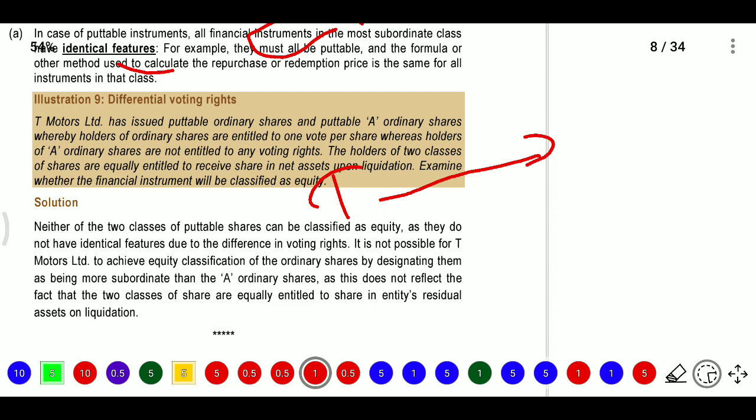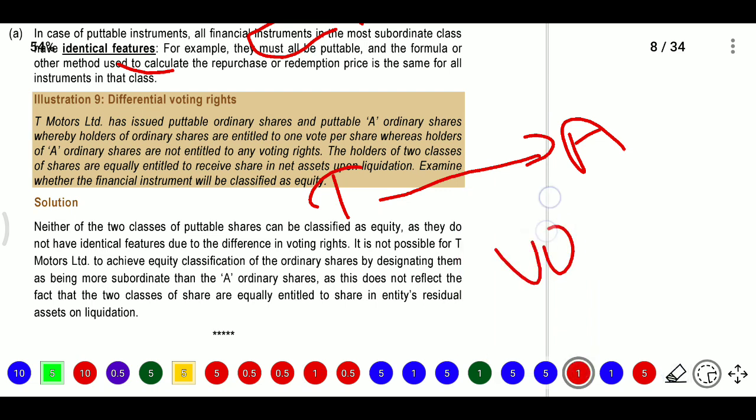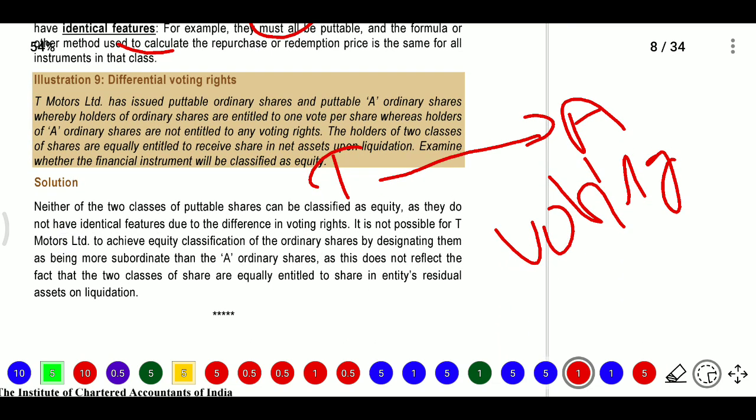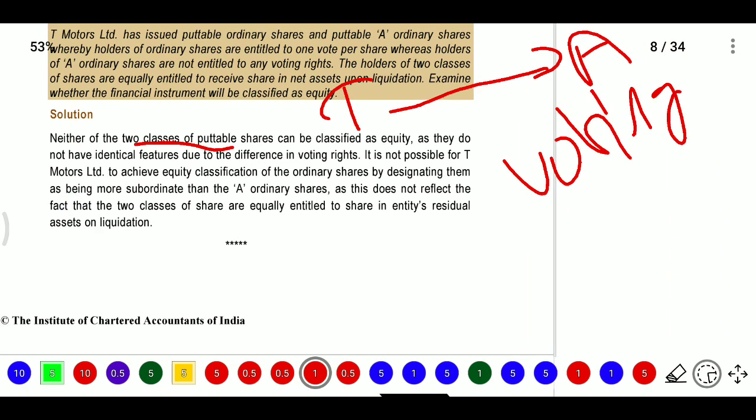So they have issued some ordinary shares as A, and they will not get any voting rights. The holders of the two classes of shares are equally entitled to receive shares in net assets upon liquidation. Now, neither class of puttable shares can be classified as equity.